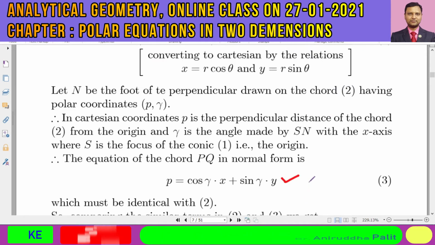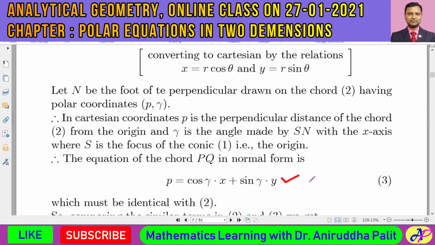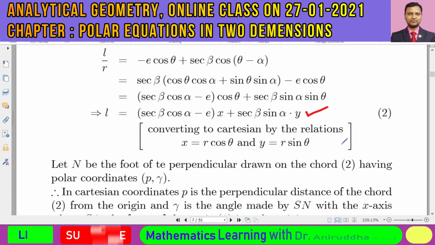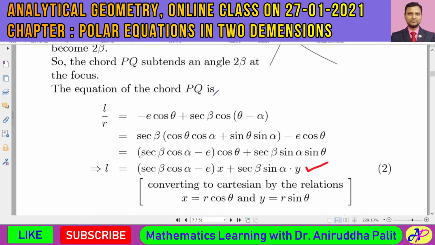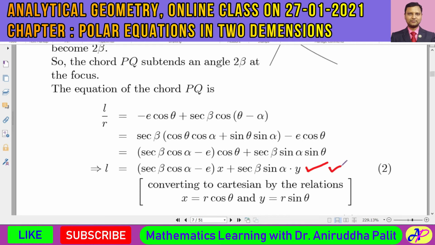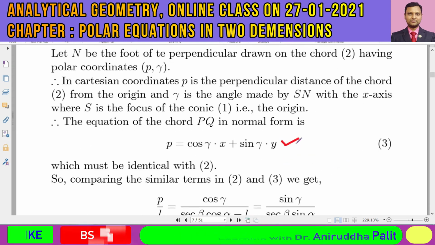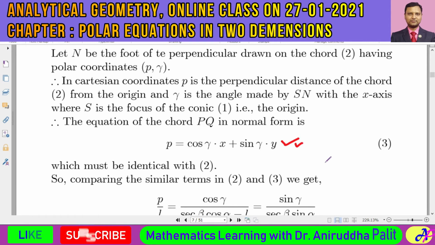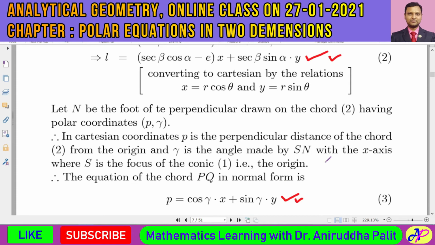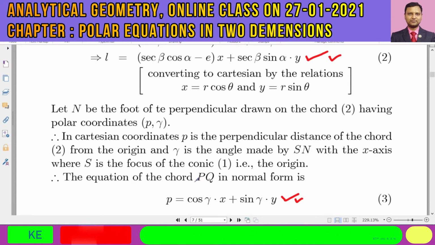So this is one expression of the chord PQ, and we already computed another expression of the chord PQ. Over here we computed the equation of the chord PQ as equation number 2, and again the same chord PQ can be represented in a different form as equation number 3. So actually we have two different equations of the same straight line PQ.